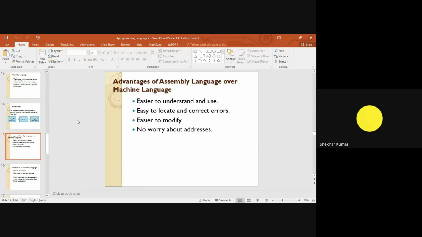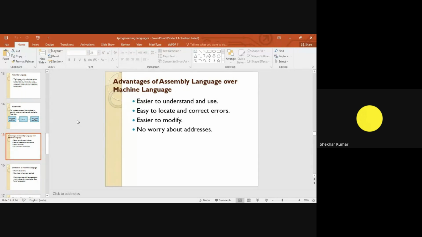It means you can find errors easily as compared to machine level instructions. And it is also a portable language. It means if you have designed a code for a machine, it can also be executed on other machines. So it is a portable language.